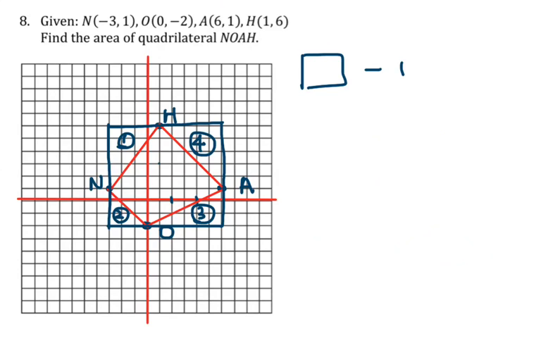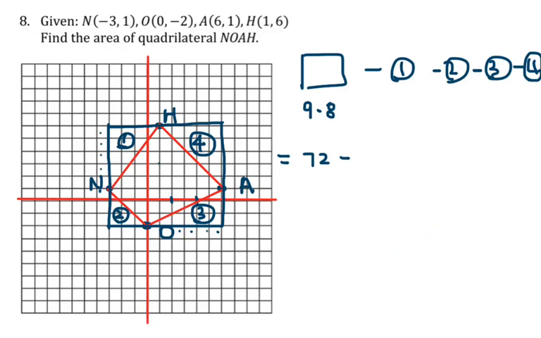So I'm just going to label it 1, minus 2, minus 3, and minus 4. Now, the box is 9 by 8. Which is equal to 72, is where things are starting from.